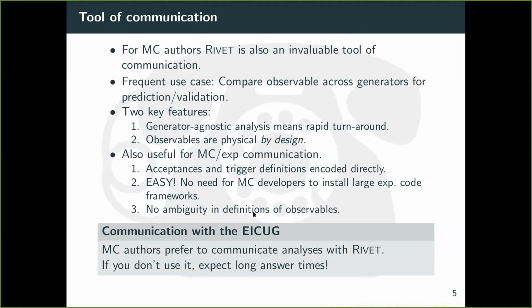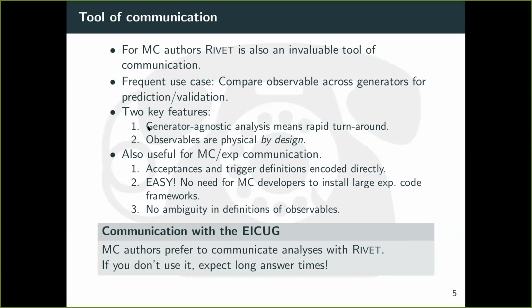I also want to come back to this point I made before, Rivet as a tool of communication. As I said, a very frequent use case for us is not just comparing Monte Carlo to data, but comparing observables across generators for prediction or validation. So there are two key features you can have in mind here.